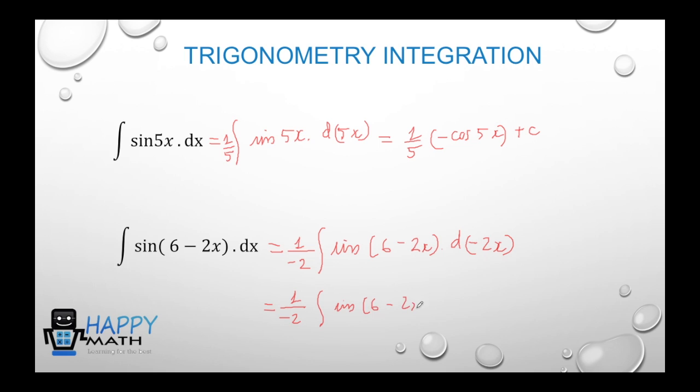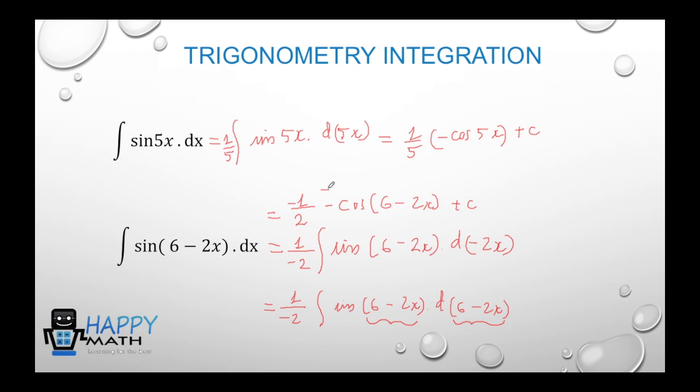With 6 minus 2x and plus 6 in the derivative function, they become the same. And the result of this operation is minus cos of 6 minus 2x plus c.